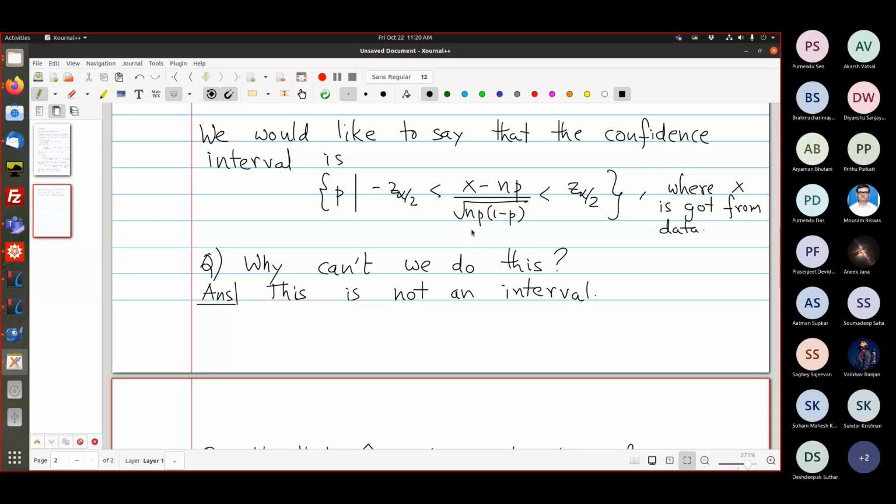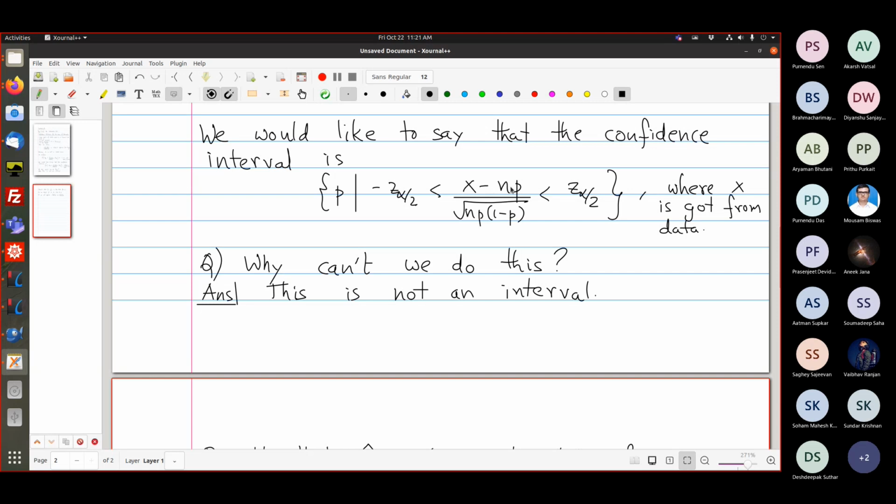Of course, one could approximate away everything, but then you get a 0, because I cannot approximate this p by p hat. In any case, we want to estimate p, so I need some p.